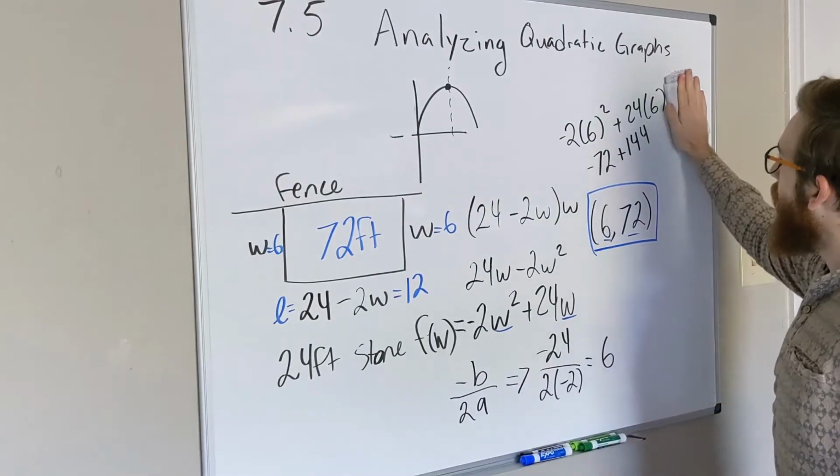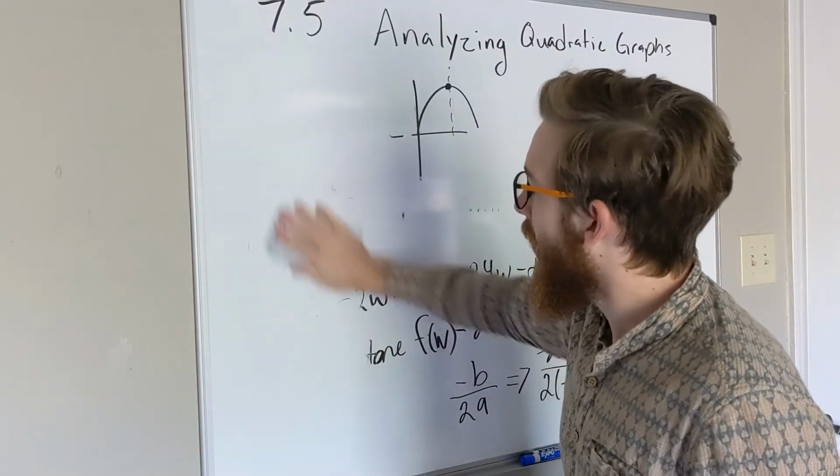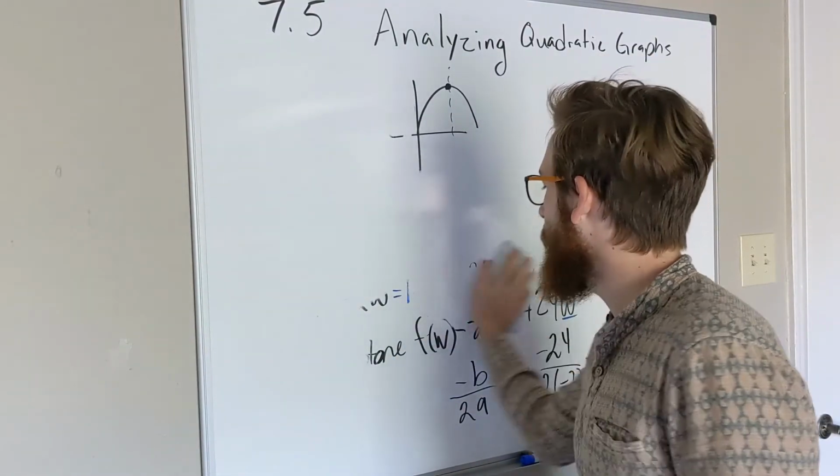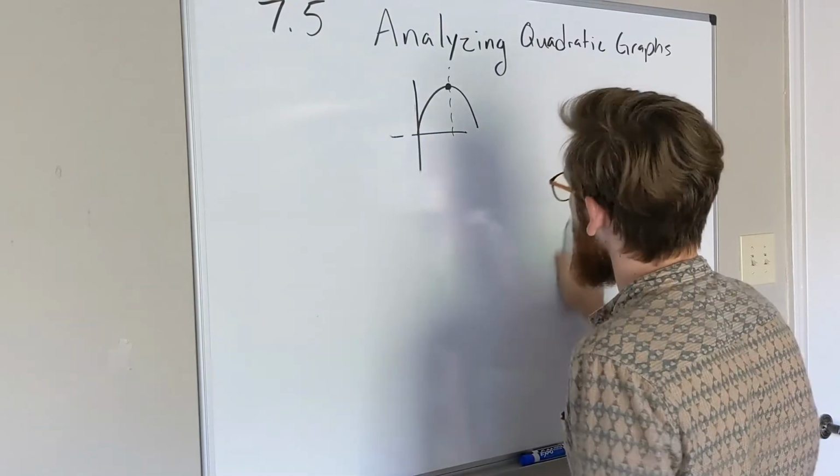Now we're going to do an example of maximizing height. So like a rocket is launched into the air, and we want to know what's the maximum height that it reaches.